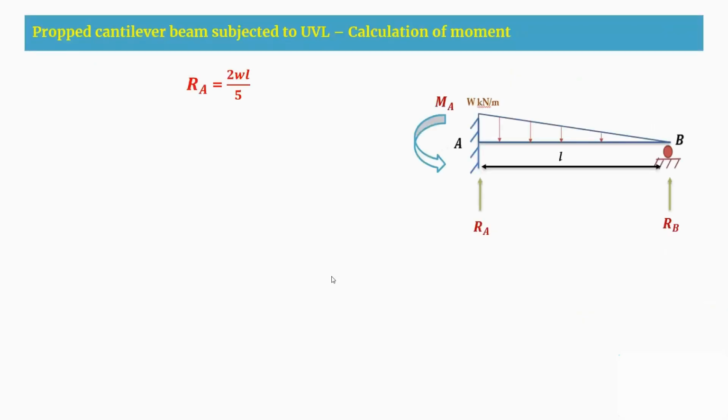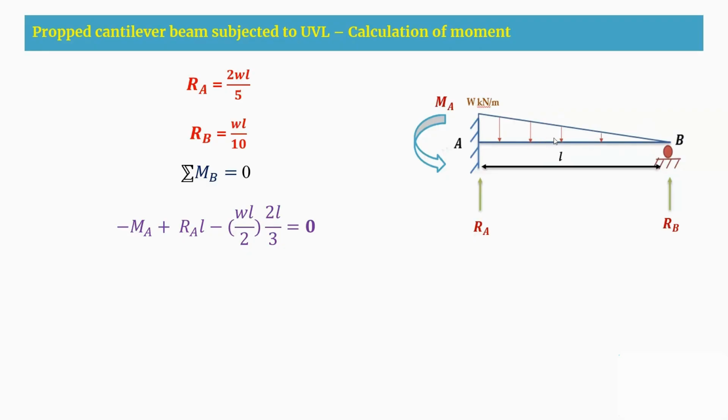After getting the reactions RA and RB, I am going to consider moment at B equal to 0. So by considering moment at B equal to 0, we have RA, this external load, as well as this moment. Therefore, I am writing minus MA, which is in the anti-clockwise direction, and then RA into L, which is in the clockwise direction, and minus this external load into the centroidal distance.